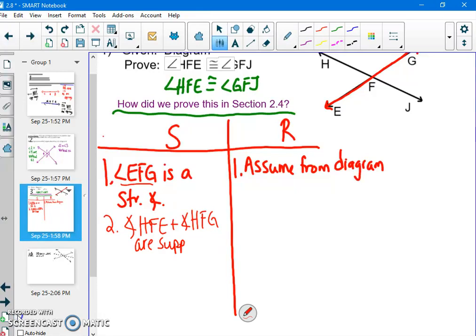So we have HFE and HFG that form this straight angle. And the reason there is if two angles form a straight angle, then they are supplementary.